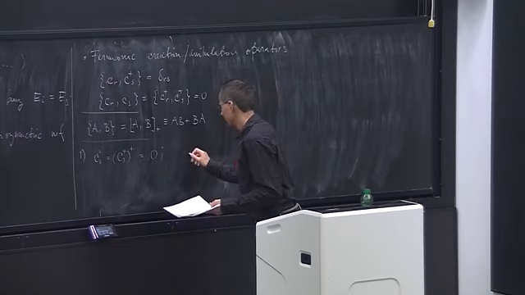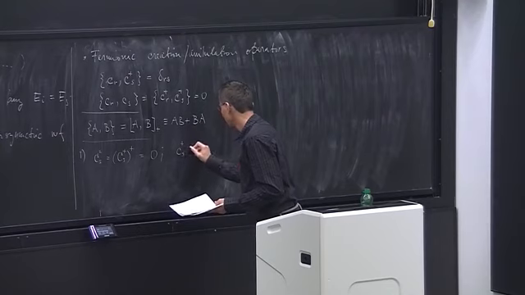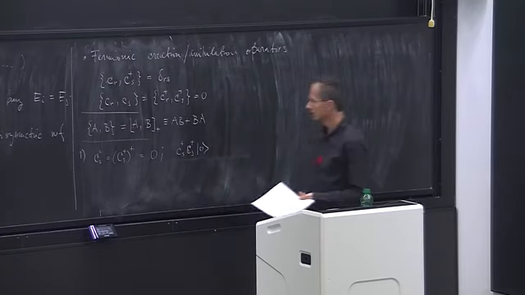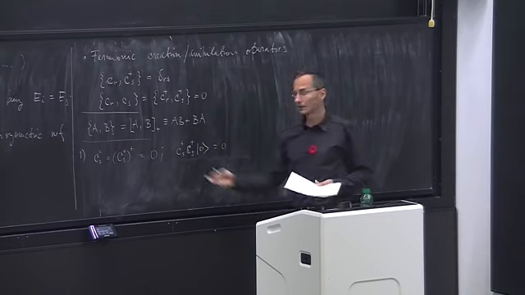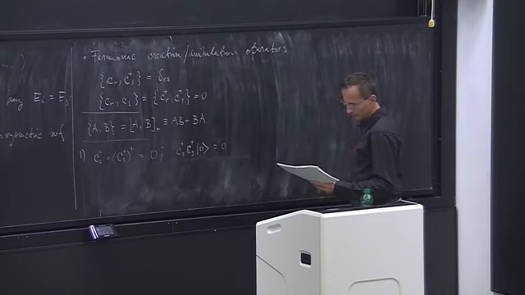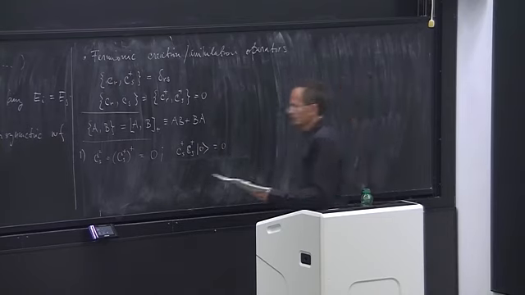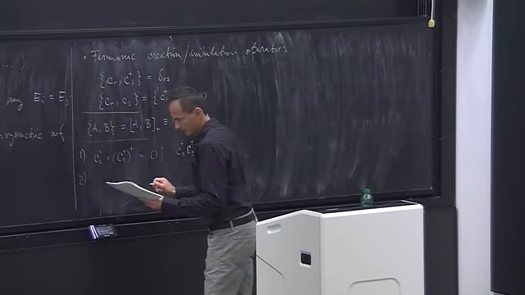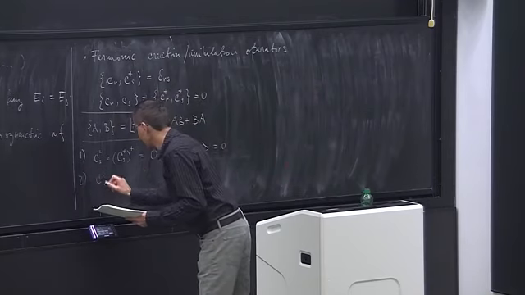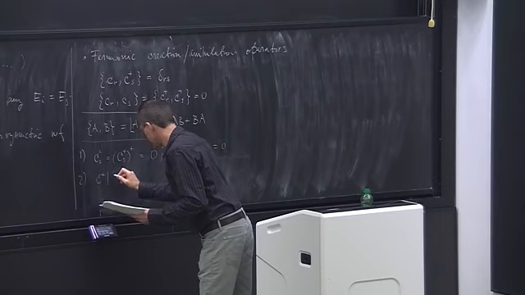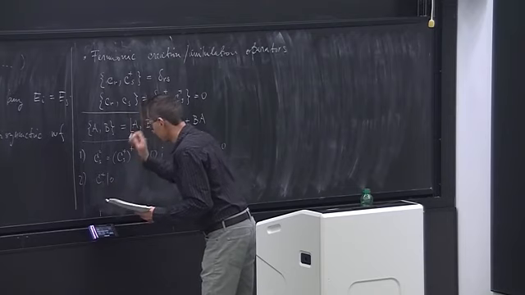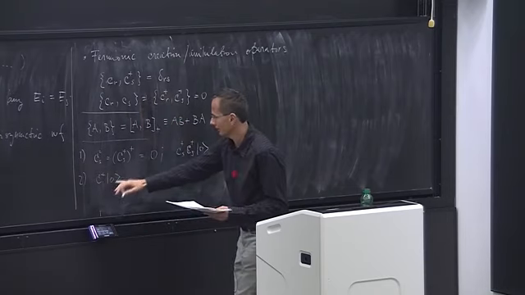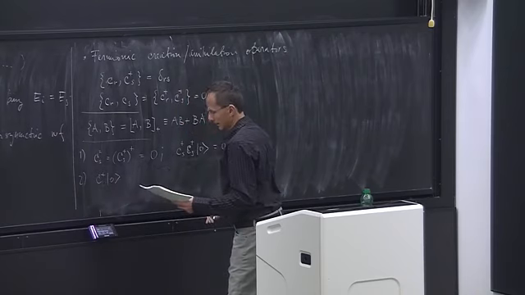What this means, for instance, is that c dagger, when you hit the state with no fermions, you get 0 because you cannot create two of them. Let me just, since I'm using just a single state here, I don't need to put in any index.